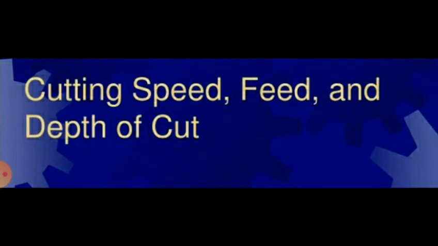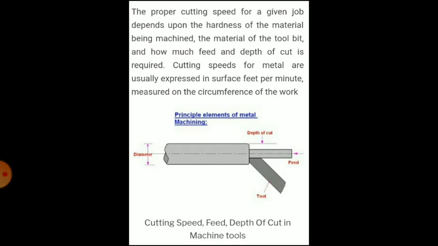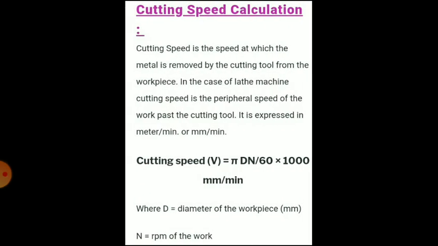Now the next point: cutting speed, feed and depth of cut. Cutting speed is the speed at which the metal is removed by the cutting tool from the workpiece. In the case of a lathe machine, cutting speed is the peripheral speed of the work past the cutting tool.